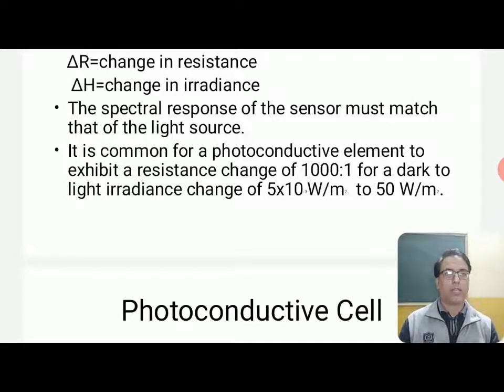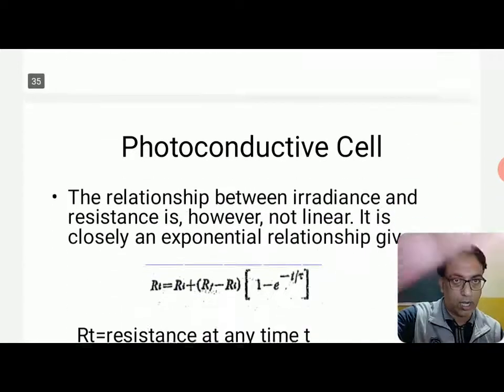This point is saying that the resistance change from light to dark should have a ratio of 1000:1. With the change of irradiance, that is from 5 into 10 to the minus 3 watt per meter squared, the dark region, to 50 watt per meter squared, the light region, the resistance change should be in the ratio of 1000:1.